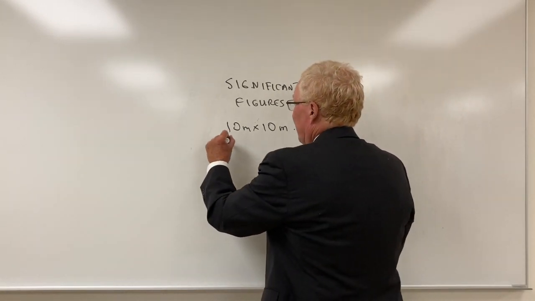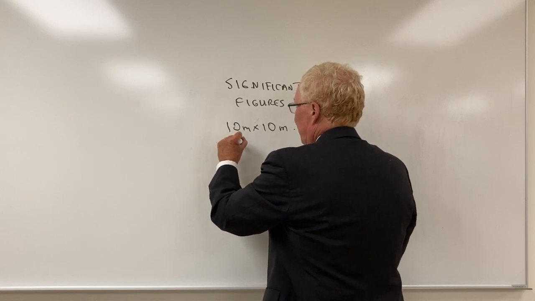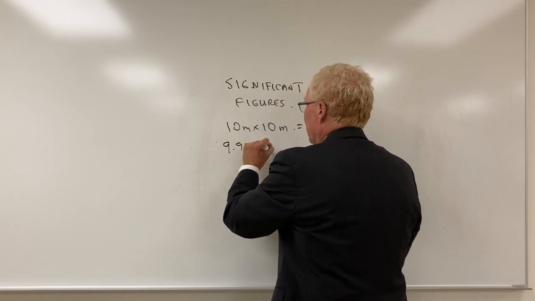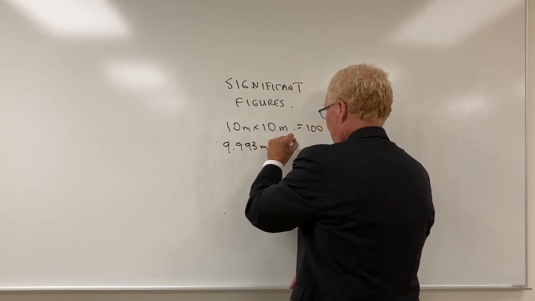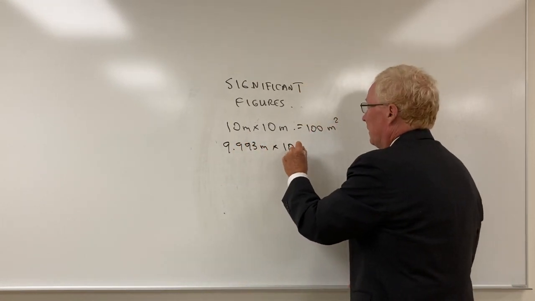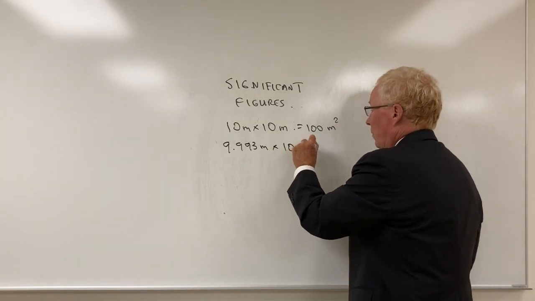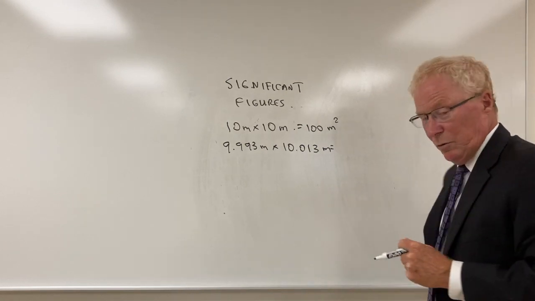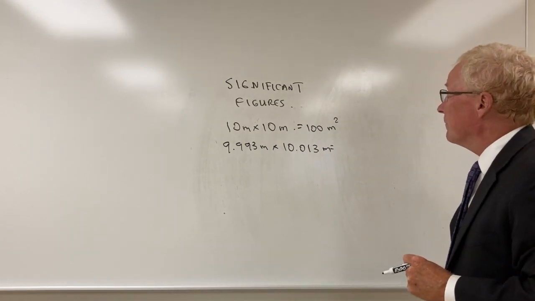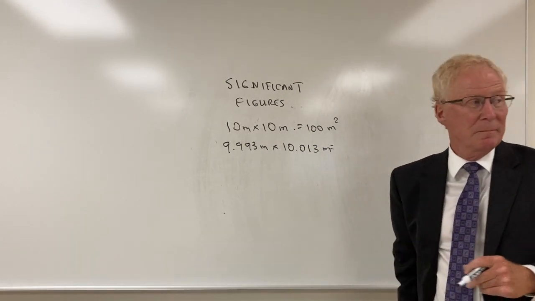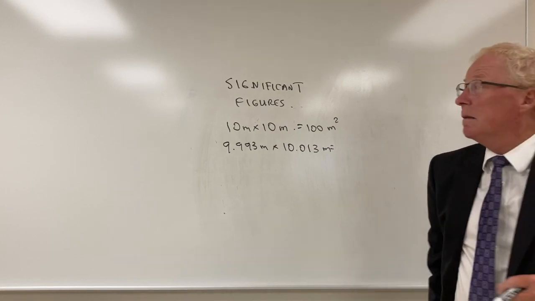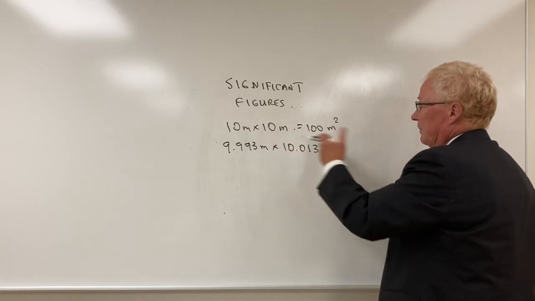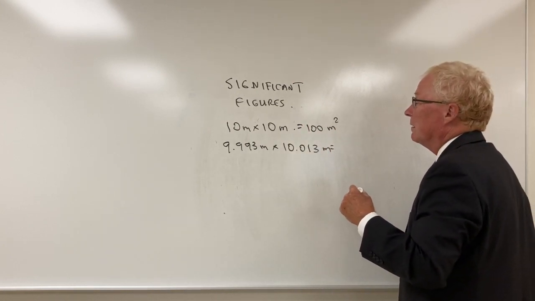So say I measure the room and it's 9.93 meters times 10.013 meters. If I multiply those two numbers, I will get some number approximately, I don't have my calculator with me.